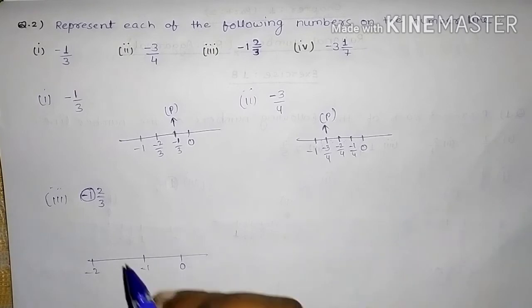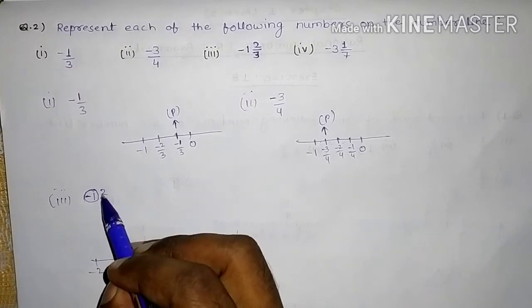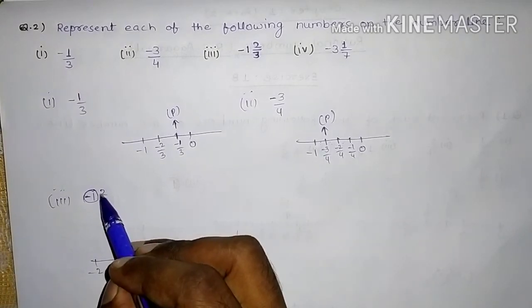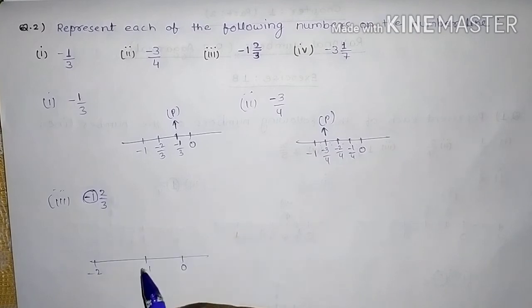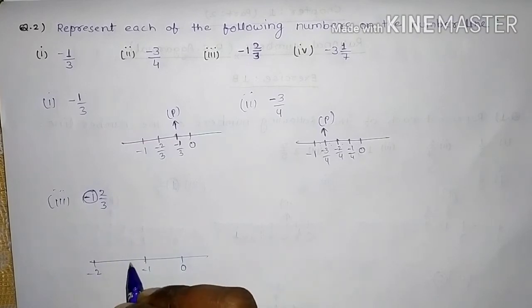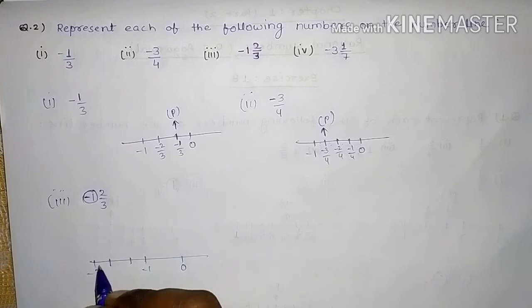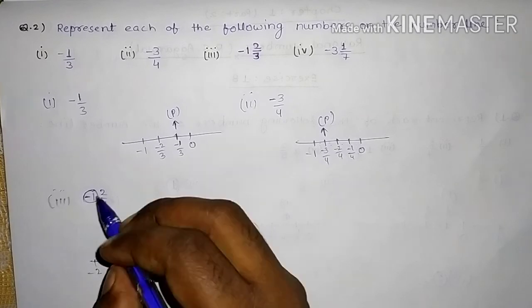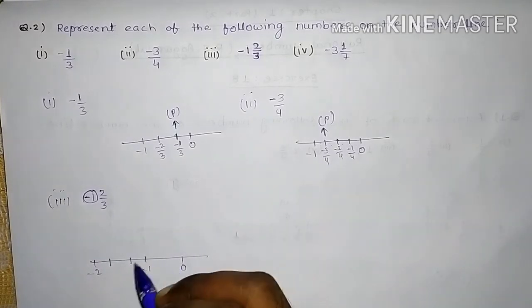Now here we have to represent 2 by 3 in between -1 and -2. So the denominator is 3 here, so just divide into 3 parts. So this is the first part, second part and third part. Now the numerator is 2 here, so just move from -1.